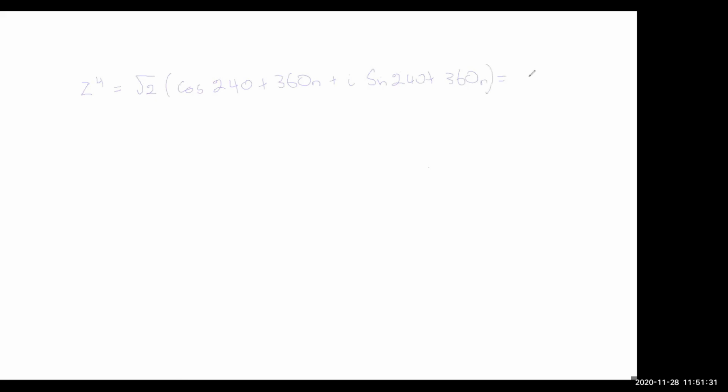And that is, as you quite rightly said, minus 2 minus 2 root 3i. Okay? So if that was just z, we didn't have the 4 there, we wouldn't need the 360n because n would be equal to 0. And we would only be dealing with cos of 240, which would be the Argand diagram here.